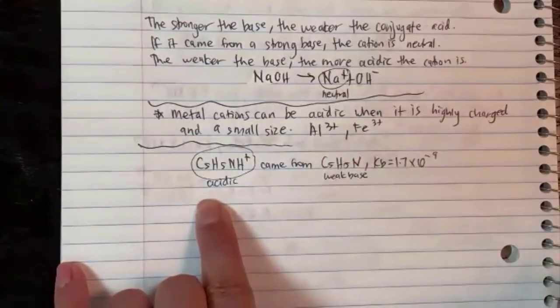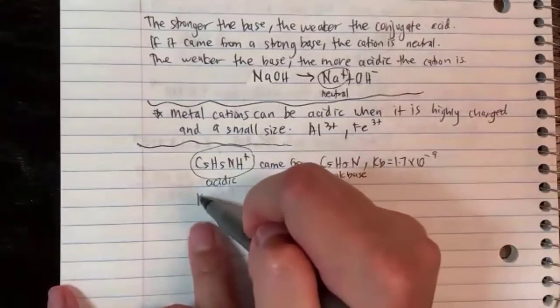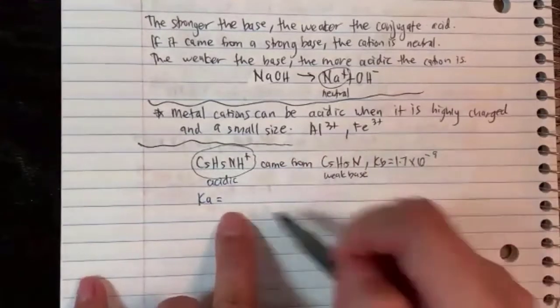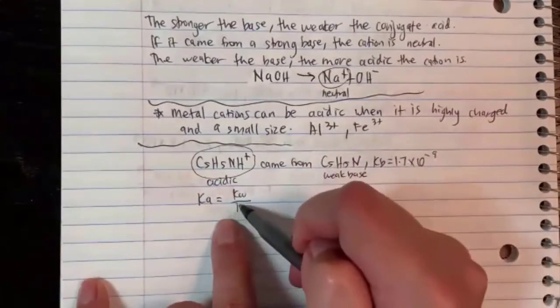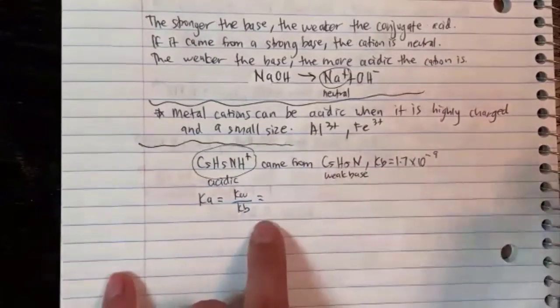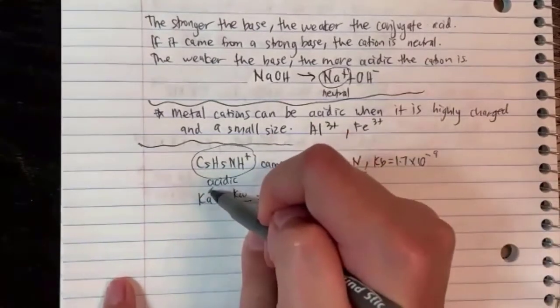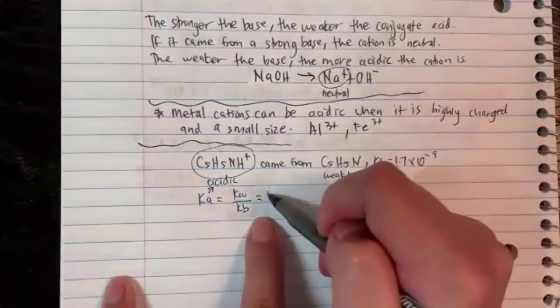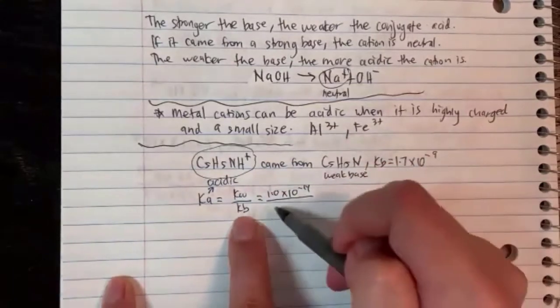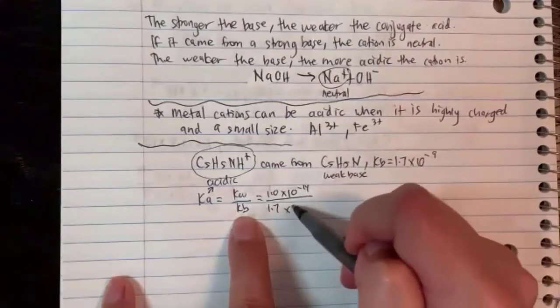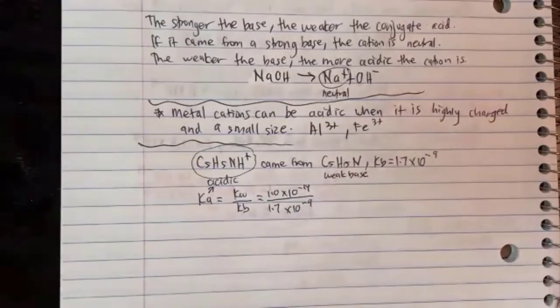And we can calculate the Ka for it. Ka for this guy would be Kw divided by the Kb given. So Ka for this acid is 1.0 times 10 to the minus 14 divided by Kb of 1.7 times 10 to the minus 9.